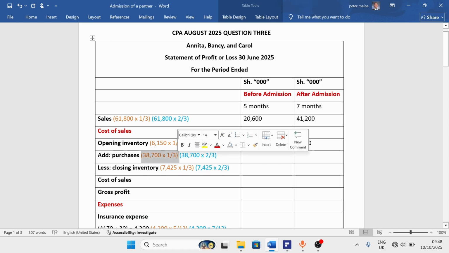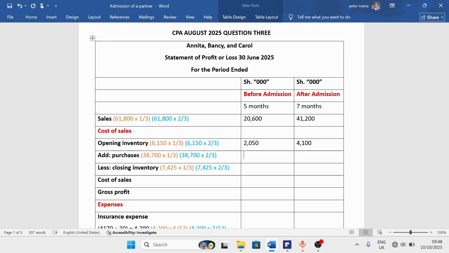In the first period, we take 1/3. So 38,700 divided by 3, that is giving us 12,900. And then for the next period after admission, we take 38,700 multiply by 2 divide by 3.